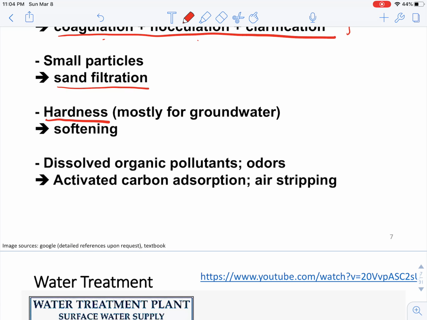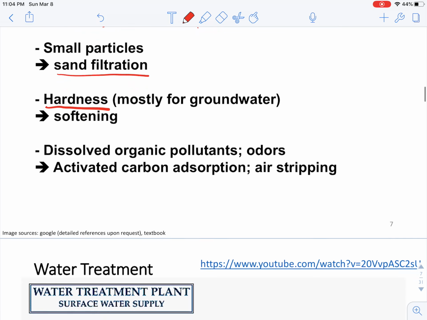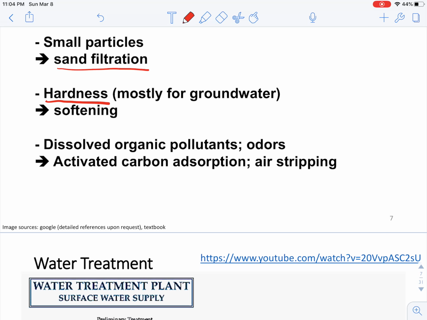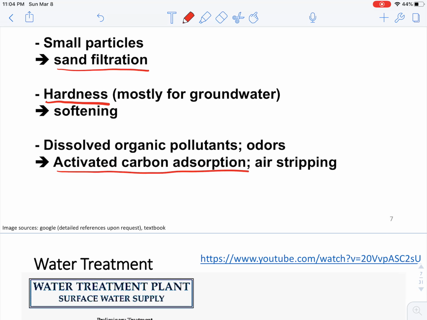So the water is very hard because there are a lot of these metal ions which might form solids when they're getting heated. And then we use the softening method to remove these metal ions before they're distributed into different locations, right? And finally, for those dissolved organic pollutants or odors, we can use the activated carbon adsorption.